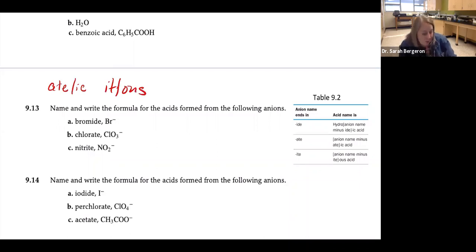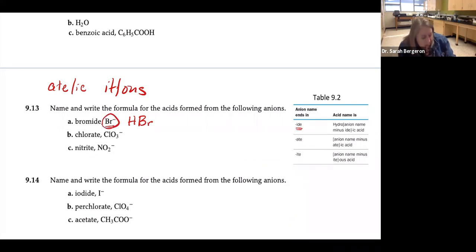And then the only one you really have to remember is if you find it off the periodic table, right? So if I have Br minus, what I'm going to make is HBr, right? Hydrogen ion is a +1, bromine is a -1, so you get one of each, just like making an ionic compound. So I got bromine off of the periodic table.